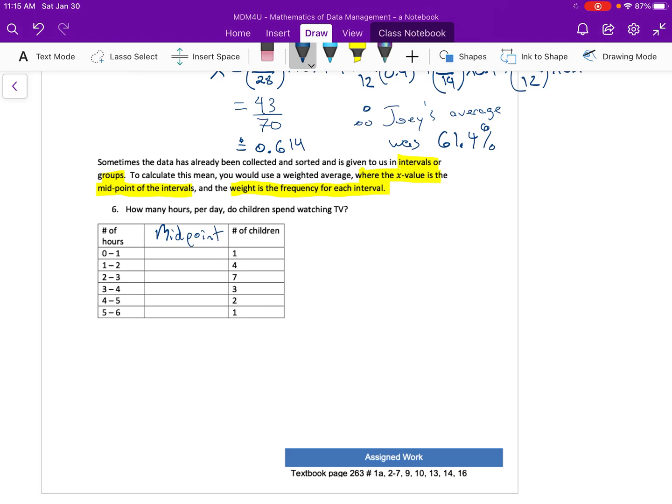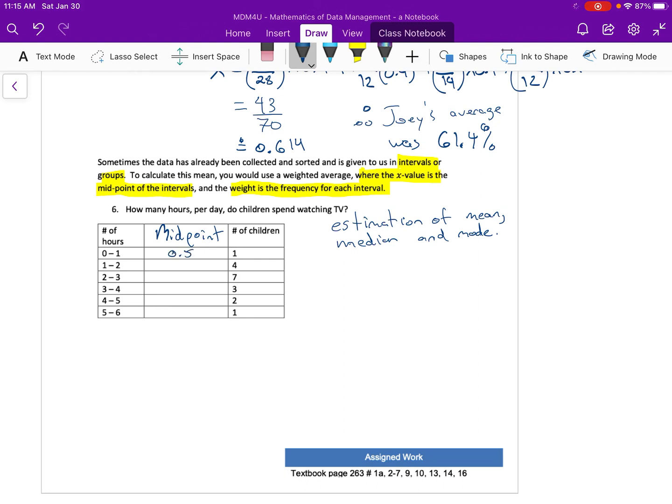We have to use a midpoint. And so when we're doing this, this is only going to be an estimation of mean, median, and mode, because we don't know exactly what the values were.